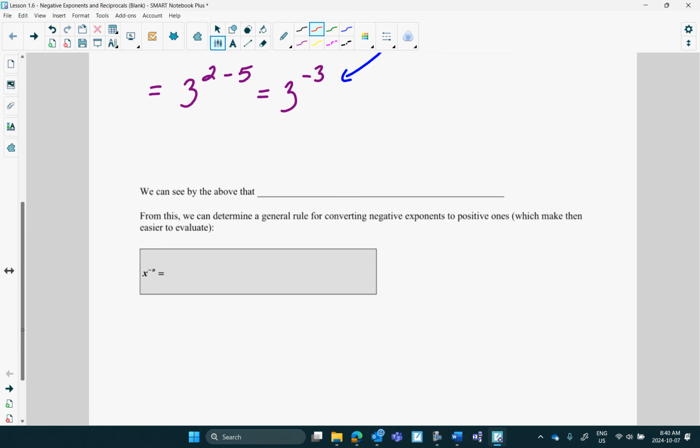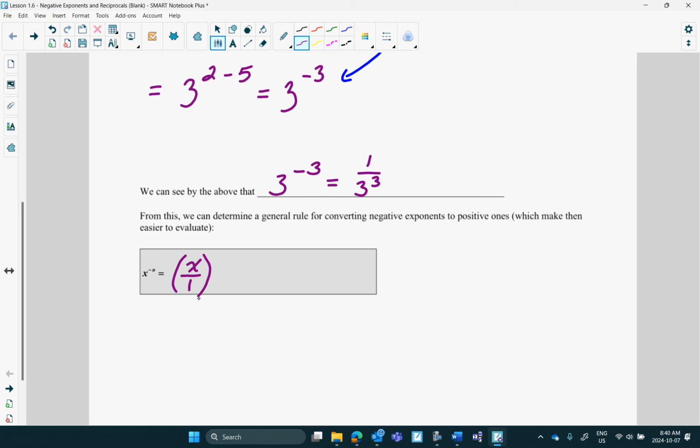Like I said, we can see from above that 3 to the negative third is the same as 1 over 3 to the positive third. So here's how we evaluate negative exponents or deal with them. First of all, we're going to write the base, the number, the big number, as a fraction.